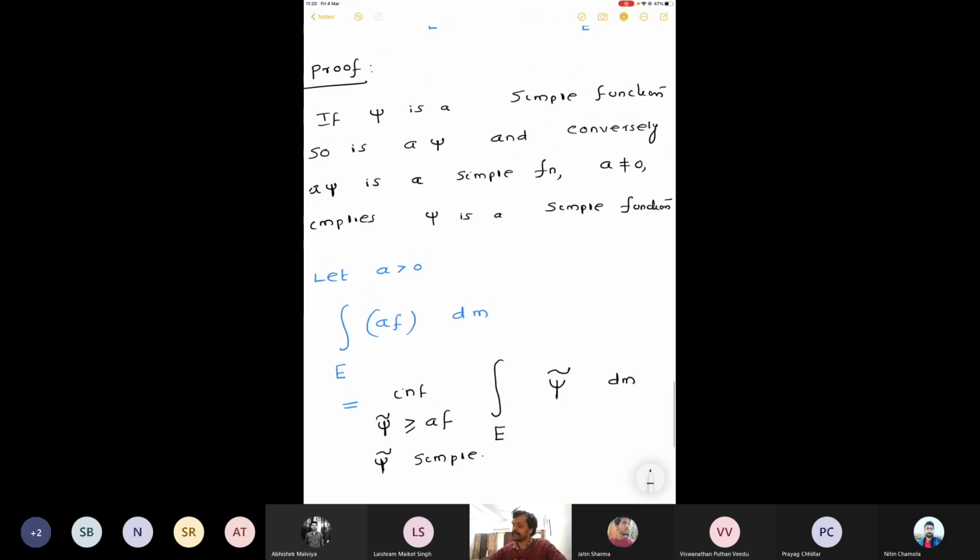But now use this observation. Instead of taking the simple functions greater than or equal to AF, it is enough to take simple functions greater than or equal to F, because all the simple functions greater than or equal to AF come via simple functions greater than or equal to F. Because of this observation, psi is simple if and only if A psi is simple, when A is greater than 0.